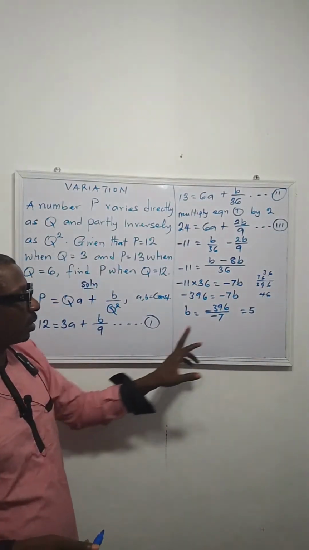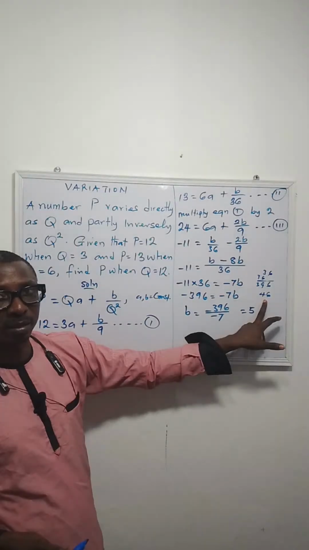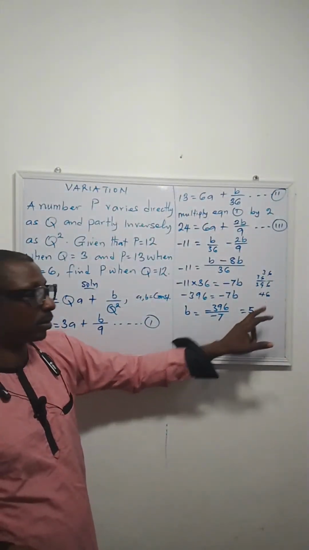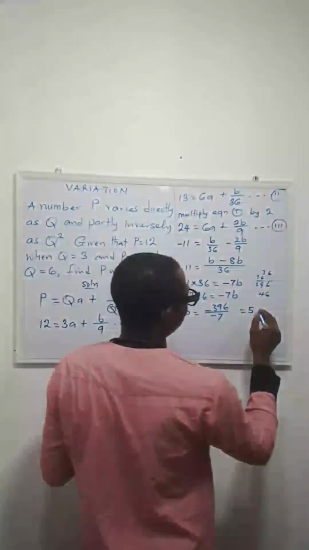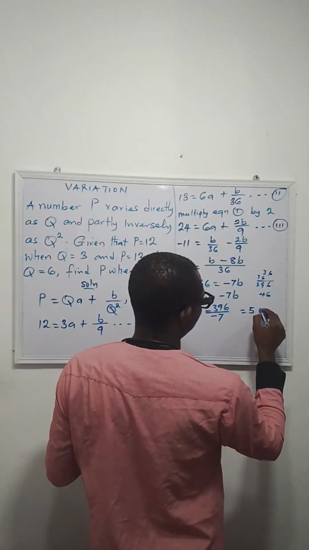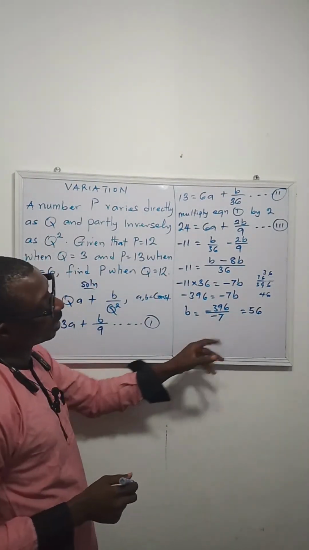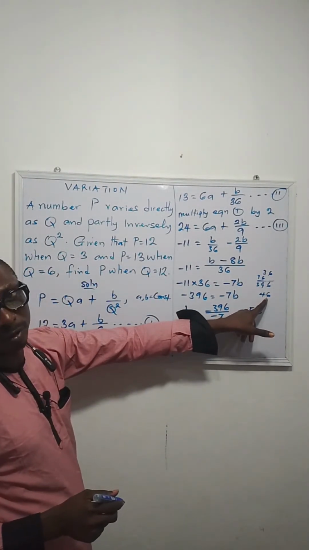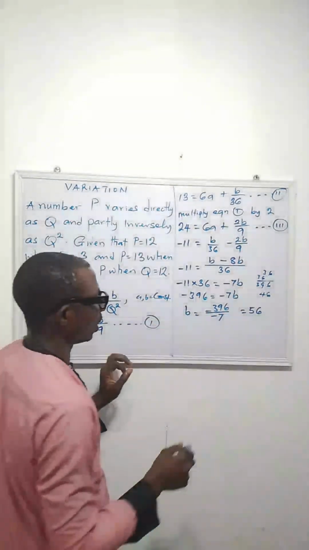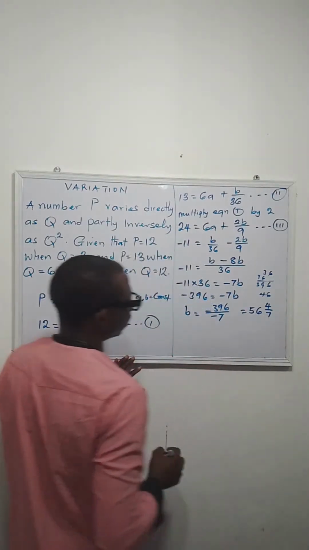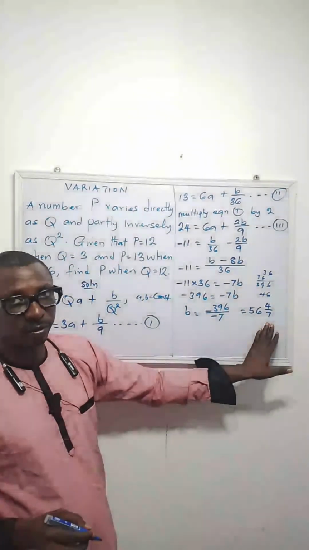Now 7 goes in 46. That is 6. That means we are left with 4. So we have 4 over 7. So we have 56 and 4 over 7. So this is the value of b.